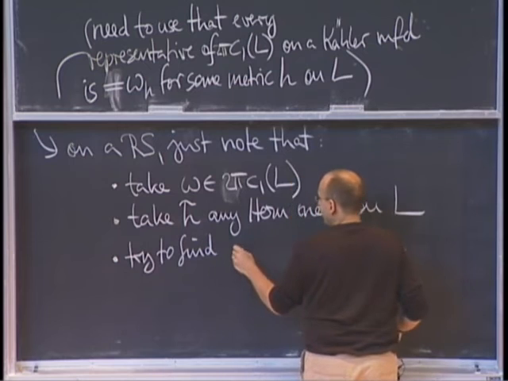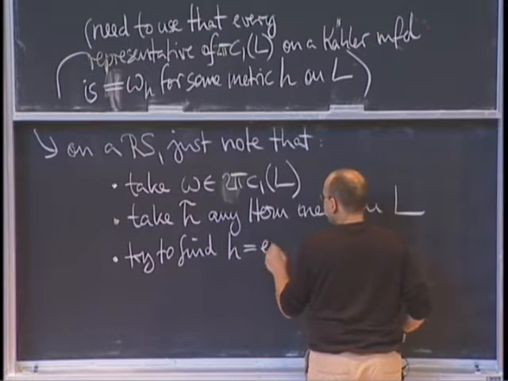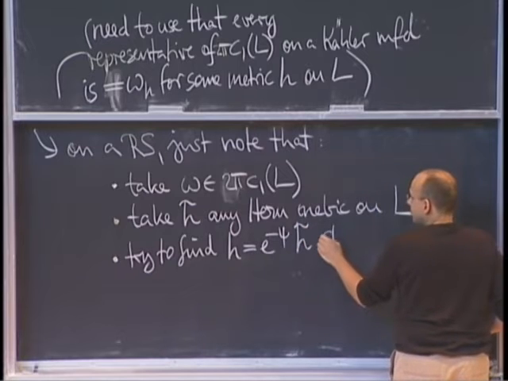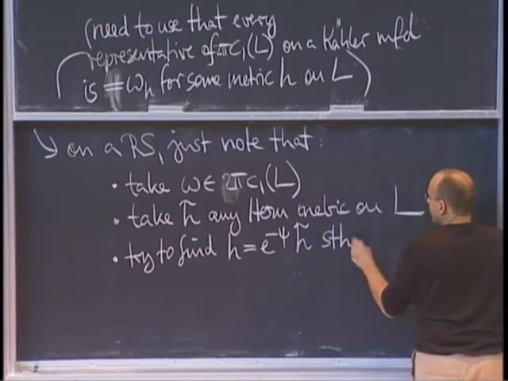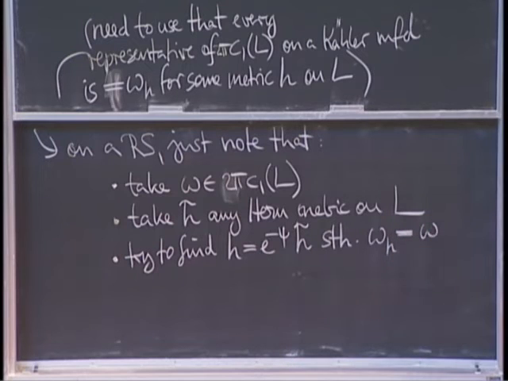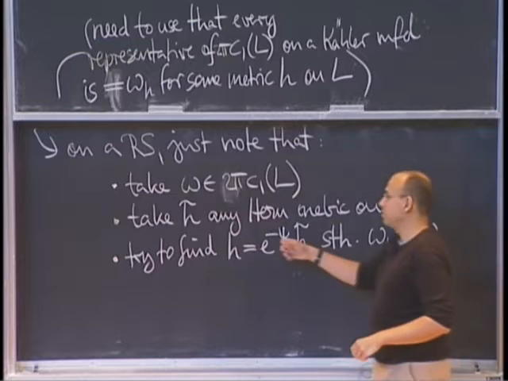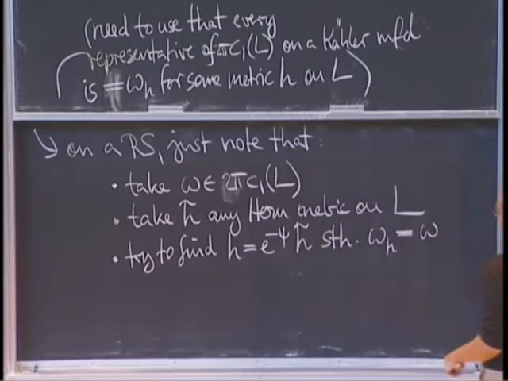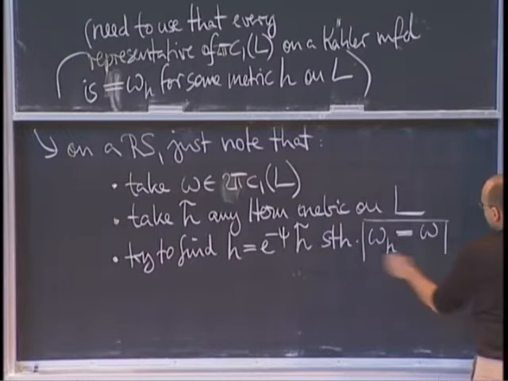Try to find h, so it's e to the minus psi times h tilde, so that omega_h is actually equal to omega. Right, that's the curvature form that you want. That's the Hermitian metric that you're looking for, and you can reduce that to finding one scalar valued function. That's the equation you want to solve.